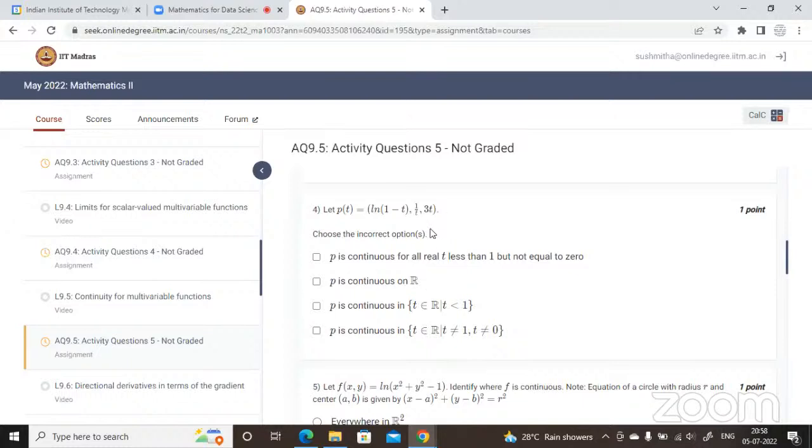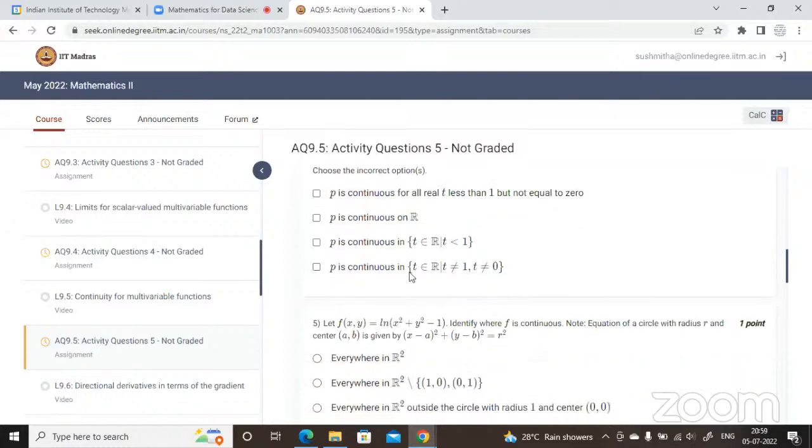Where is the function 3t continuous? 3t is continuous everywhere. 1 by t is continuous everywhere other than 0. Log of 1 minus t is not even defined when 1 minus t is less than 0, right? So for each function you have to check component wise.